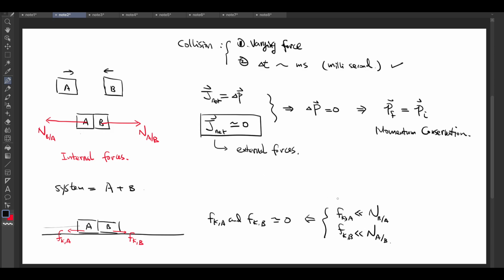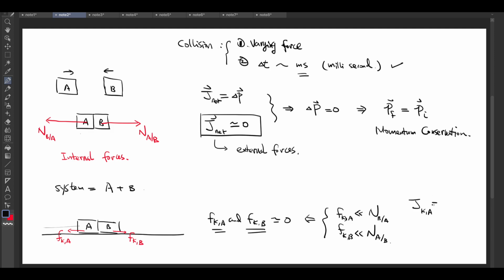If you think about the collision process, it also happens very quickly. So we can further reduce the effect of these two frictions by looking at the impulse they deliver to the system.